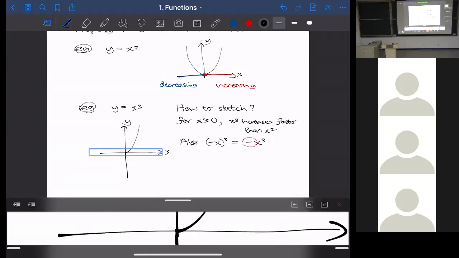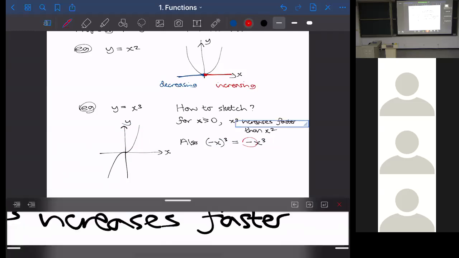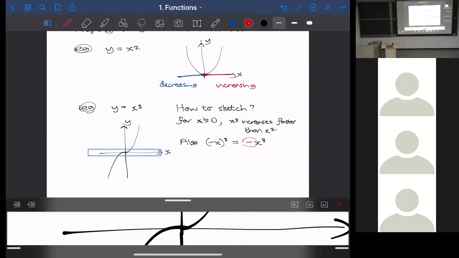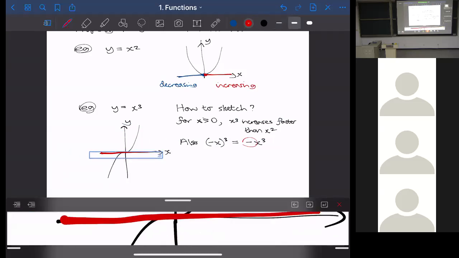So that's the graph. And looking at this graph, we can see as x increases, y is always increasing.